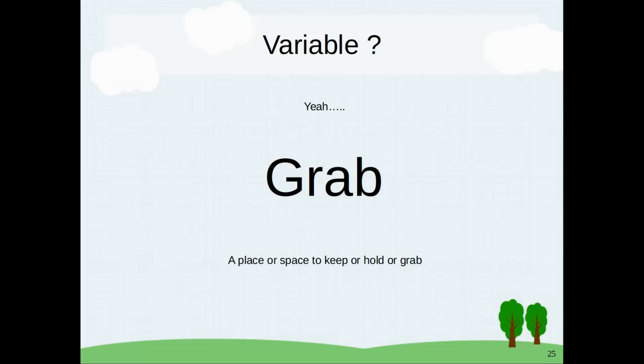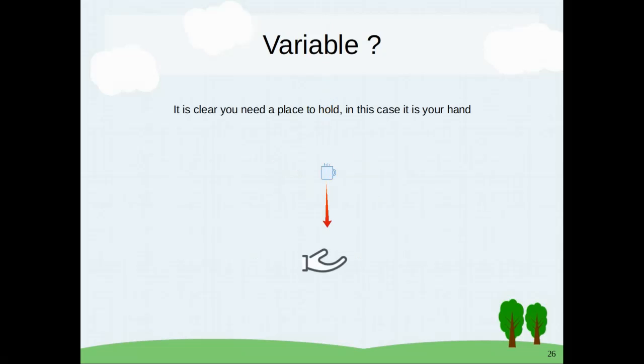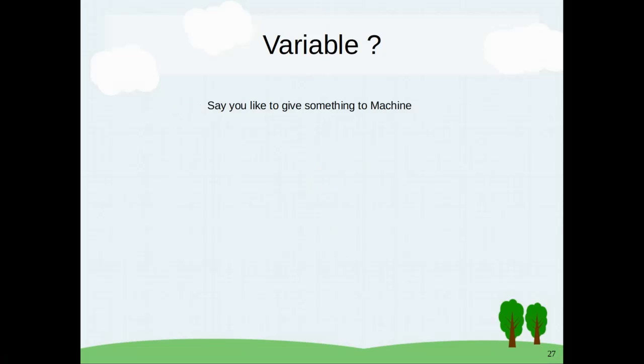In our example, what happens? You got a cup of coffee and you hold it by your hand, right? If the same kind of thing happens to the computer, like you are trying to give something to the computer, right?